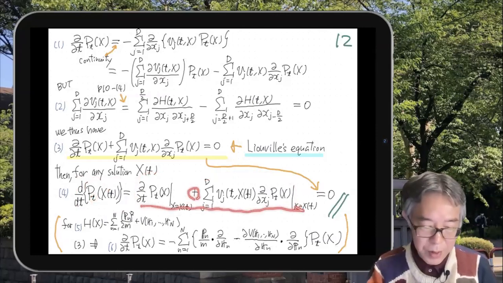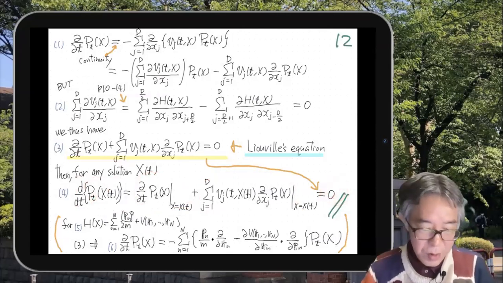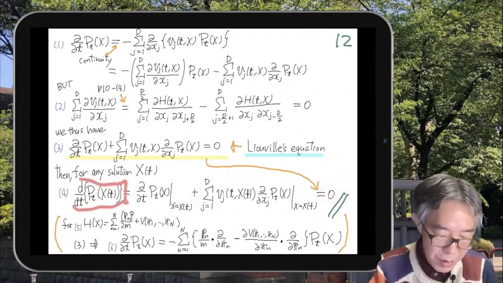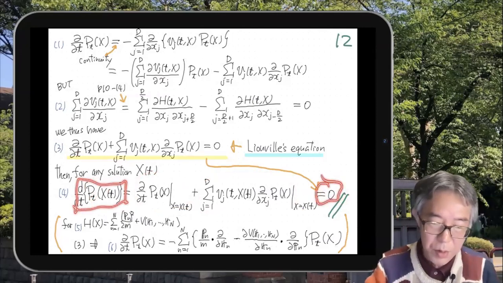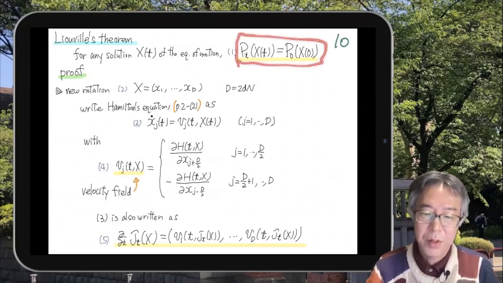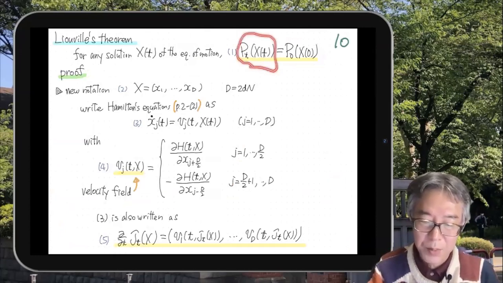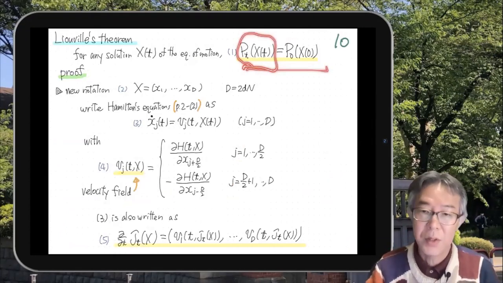And if you compare this with this, then from this Liouville's equation, you find that it's 0. So we are done, okay? We have seen that this is equal to 0. What was our goal? Our goal was to show that this equality is correct, and we have shown that this is time independent. And then, of course, you have this.